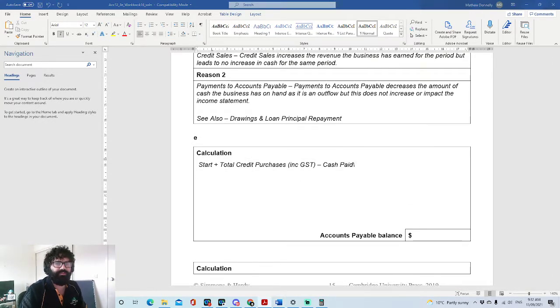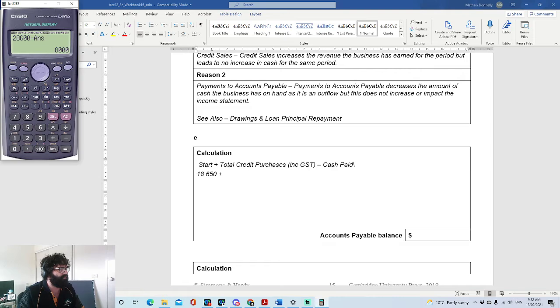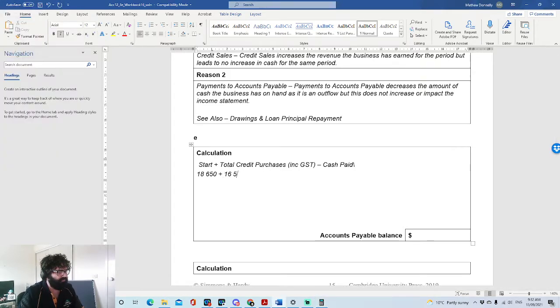So we go from the start, we look at the balance sheet, we go accounts payable was 18650. I then go to the dot points, I see the credit purchases 15,000 plus GST, so we times 1.1, and that's 16,500. Minus the cash paid, which was 20,000.